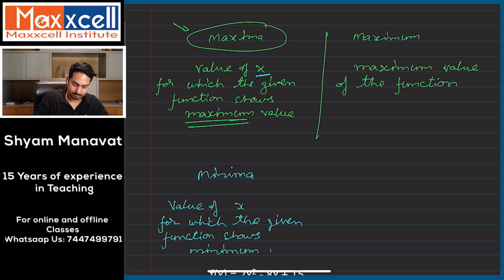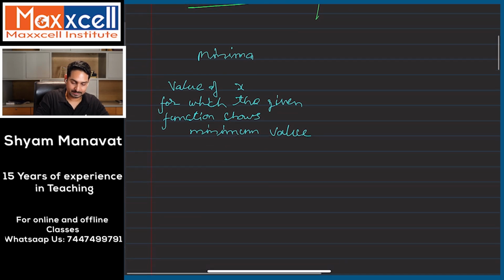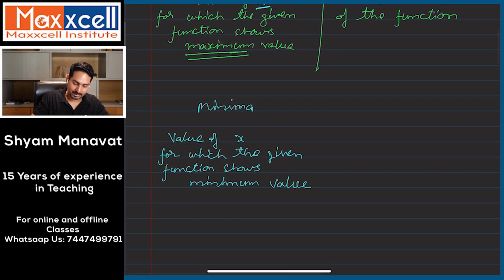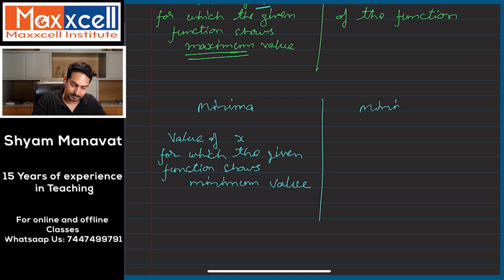That means the function cannot go lesser than that. The value of the function cannot go lesser than that. And minimum is the value of the function. Minimum is simply the minimum value of the given function.